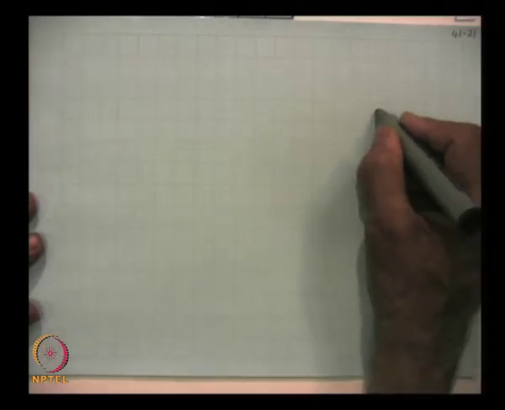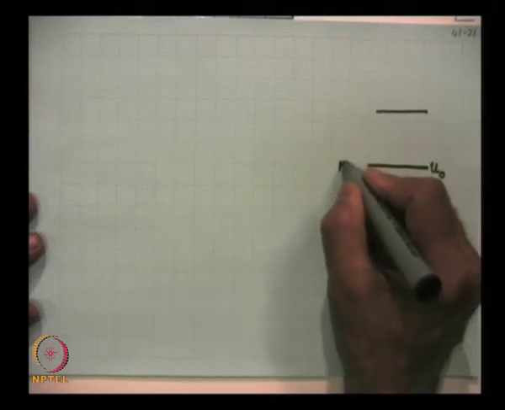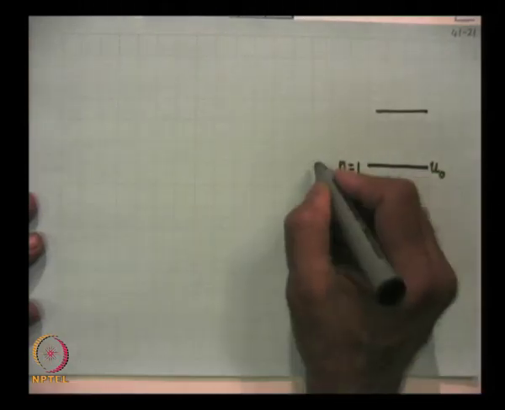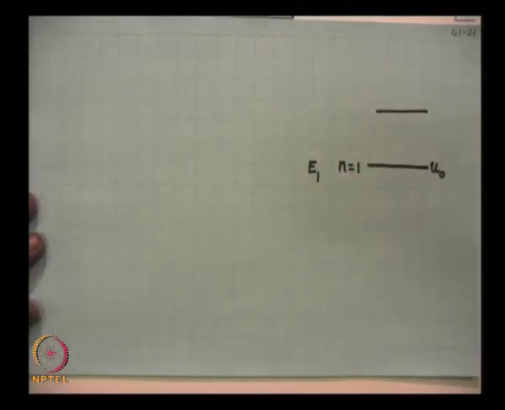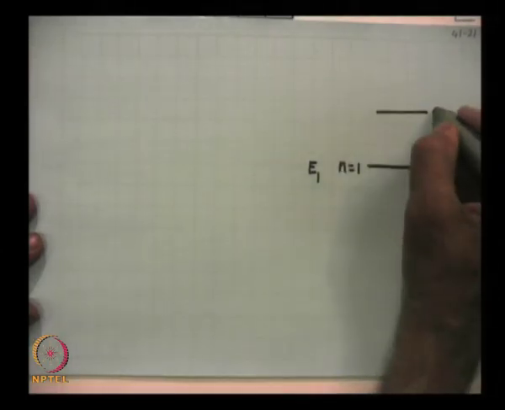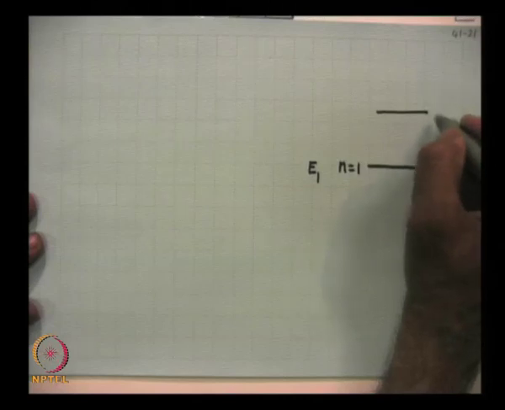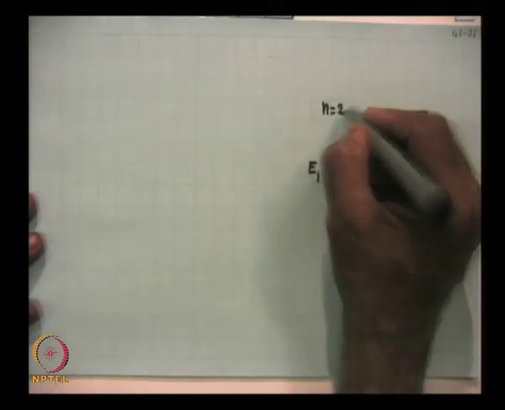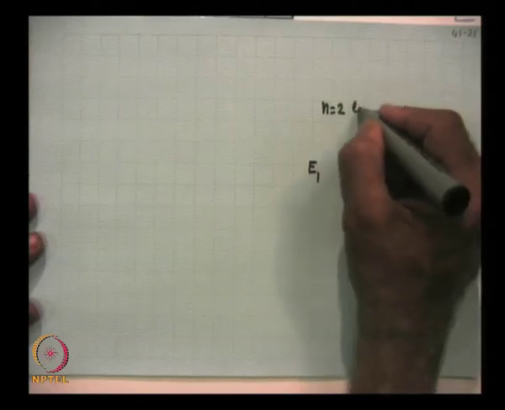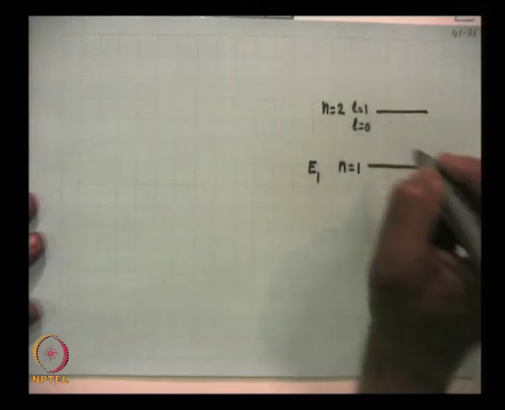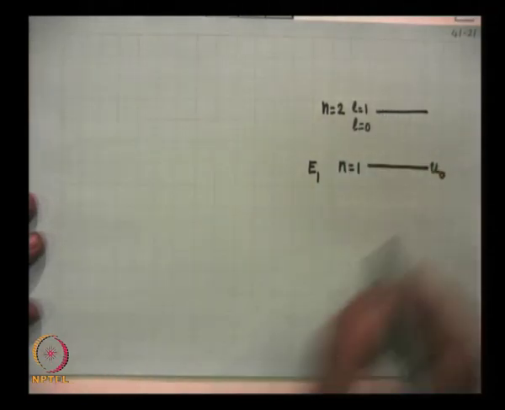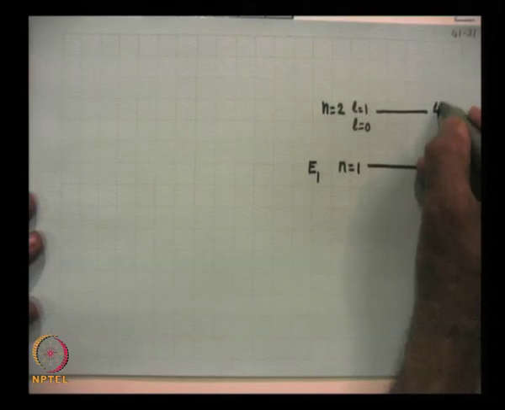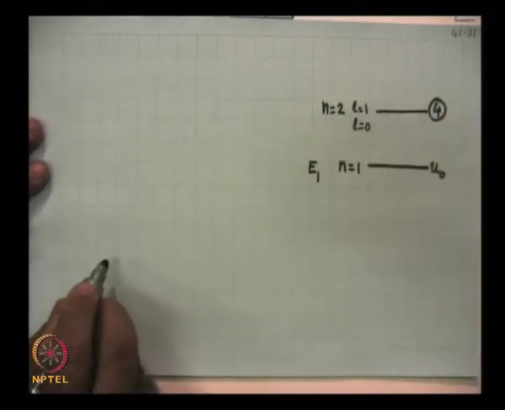The ground state has n equal to 1 and an energy equal to E1, which we know to be minus 13.6 electron volts, it is a negative number, and the n equal to 2 state is 4-fold degenerate. So, n is equal to 2, then you have L is equal to 1 or L is equal to 0. When L is equal to 1, you have m equal to plus 1, 0, minus 1. So, this will have 4-fold degeneracy.